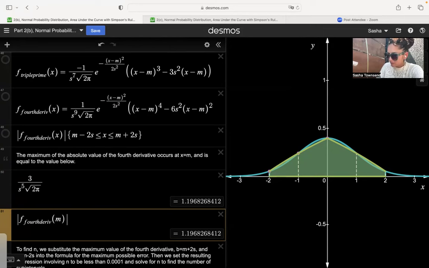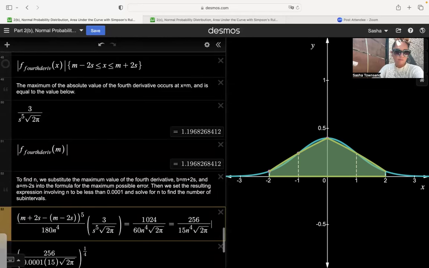is the mean plus 2 standard deviations minus the mean minus 2 standard deviations, all to the fifth, divided by 180 times n to the fourth, times the maximum value of the absolute value of the fourth derivative.